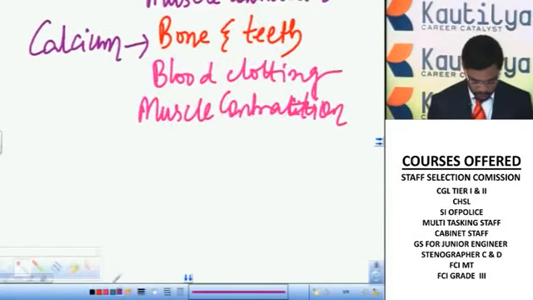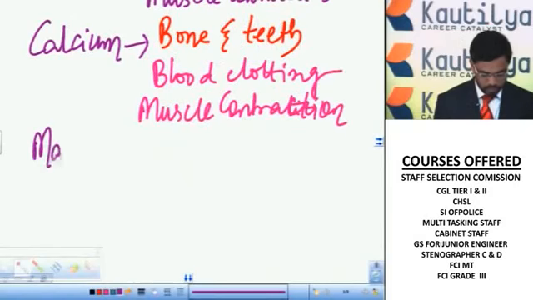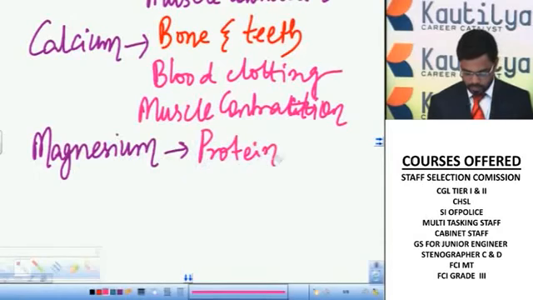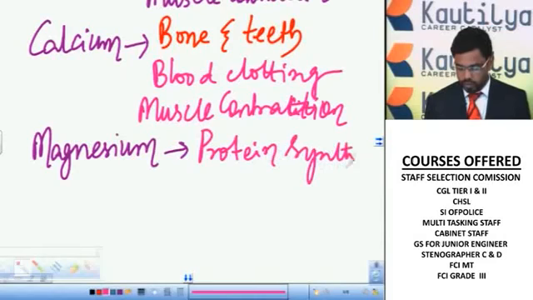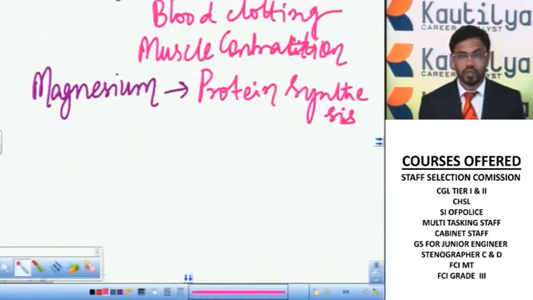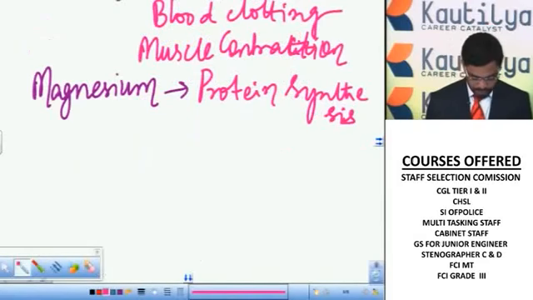And next, magnesium. So magnesium is useful for protein synthesis or protein formation. It also acts as cofactor for various enzymes.